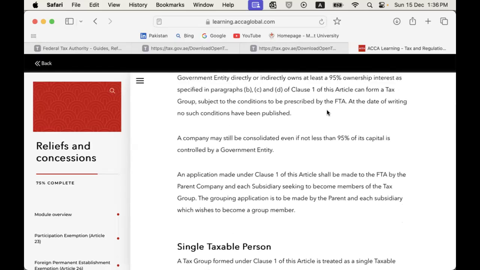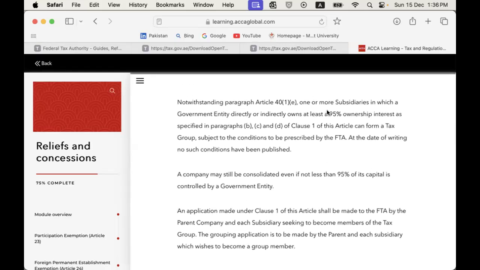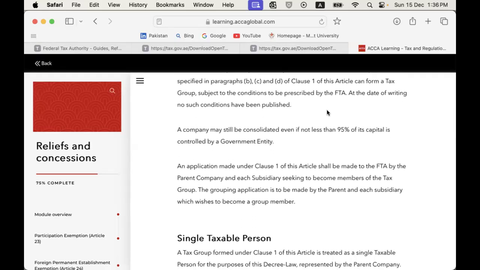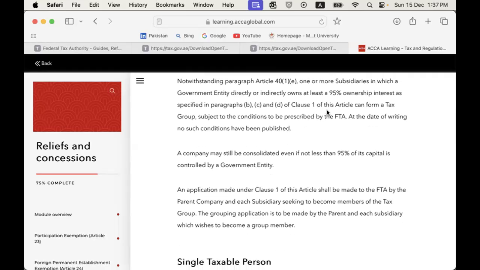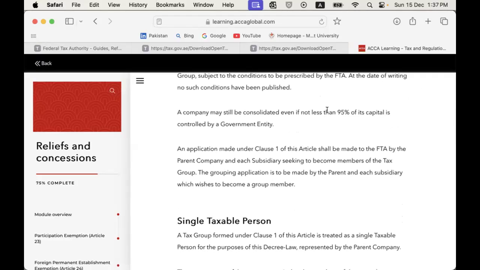There was a decision on government entities for forming a tax group. So when are government entities subject to tax? Can you recall? That was a very early stage thing that we read, right? Article 5, I think. When is a government entity subject to tax? Government entities are exempt, ideally. Am I right? Yes.